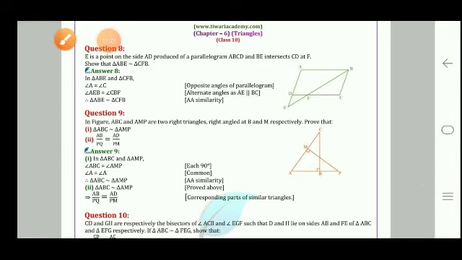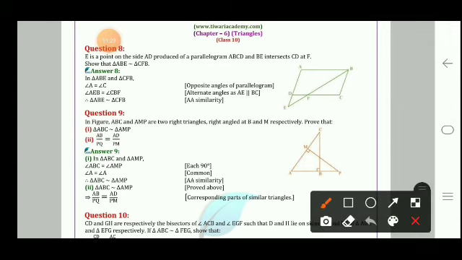So how to solve this? Look here very carefully. We consider both triangles, triangle AEB and triangle CFB. We can see that angle A is equal to angle C, because opposite angles of a parallelogram are equal.